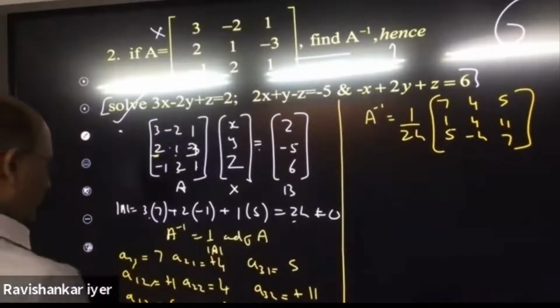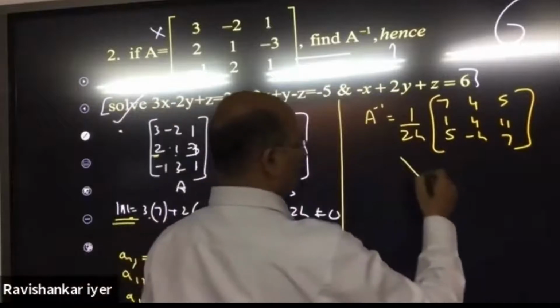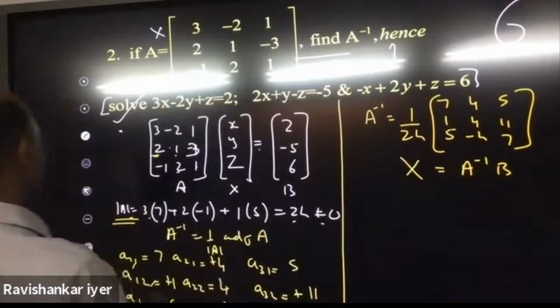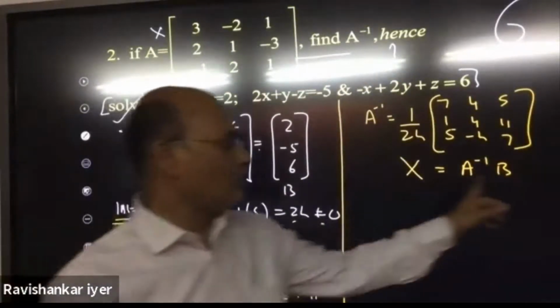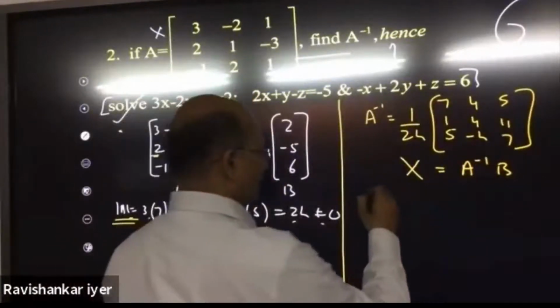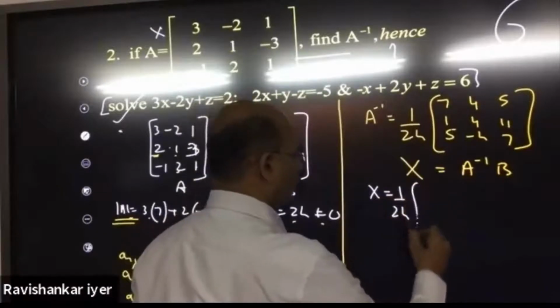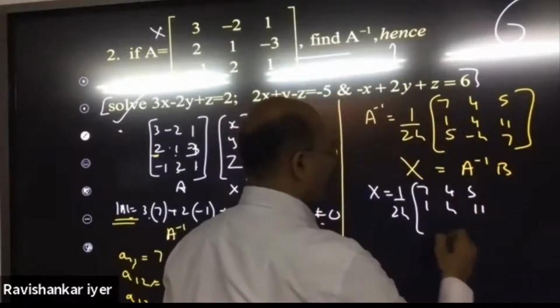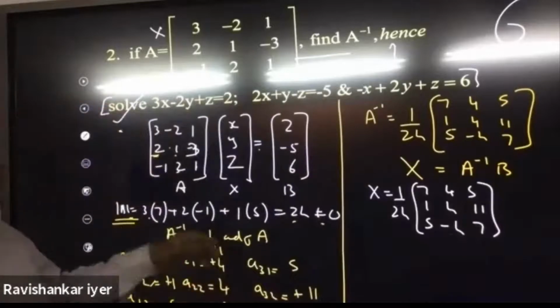Now there is a problem. In this case, if you remember, what is the solution? As determinant A is not equal to 0, the solution is X equals A inverse into B. So X is A inverse, which I got, 1 upon 24 into 7, 4, 5, 1, 4, 11, 5 minus 4, 7, into B. Now look, what is the B matrix here?